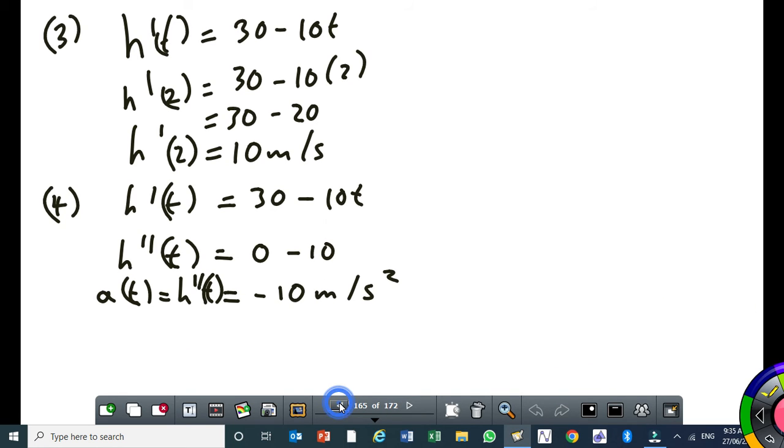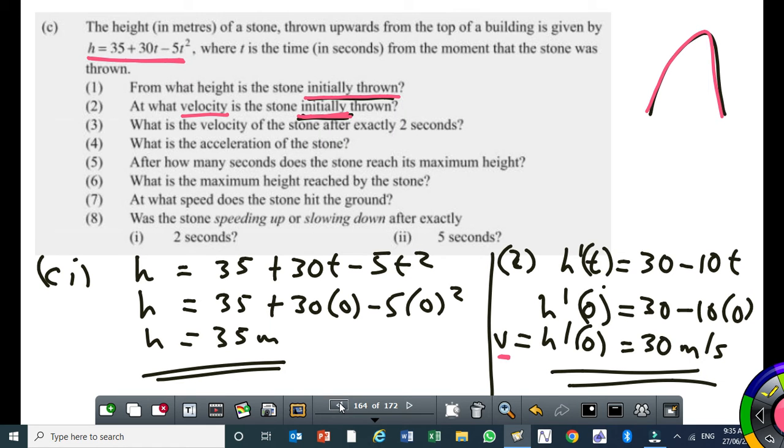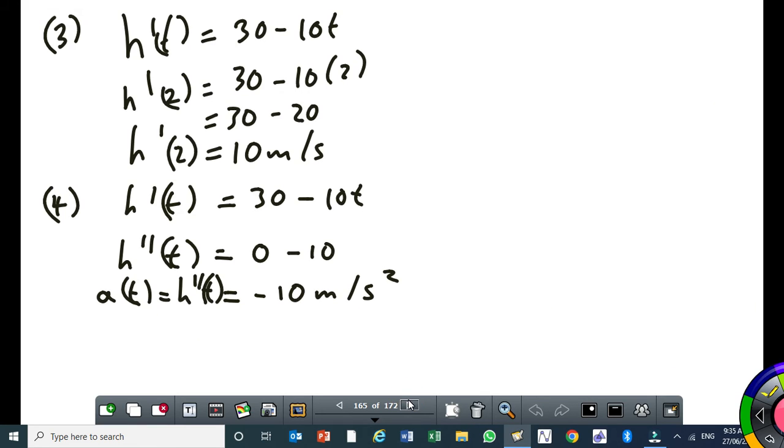The next question says, what is the velocity of the stone after exactly 2 seconds? Now this is also easy, because we are trying to calculate velocity, but in this case it's after 2 seconds. So we find the derivative, then we substitute t equal to 2 seconds. It's very straightforward.